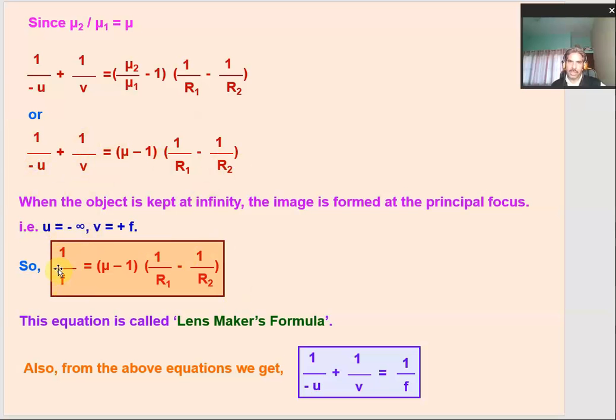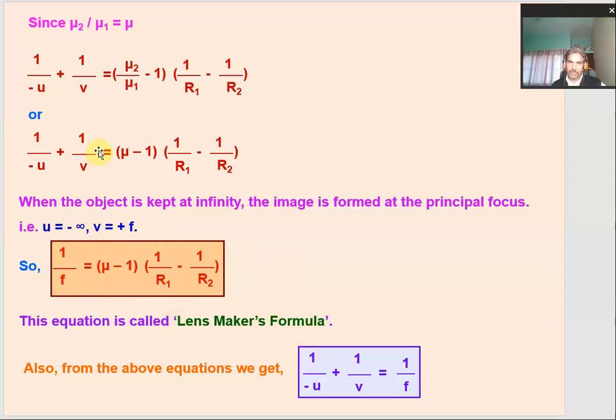This formula, which relates the refractive index of the material with the focal length of the lens we are going to make, is called the lens maker's formula, the lens manufacturer's formula. The manufacturer or maker of the lens makes use of this formula in order to make a lens of a particular focal length by using material of a given refractive index.